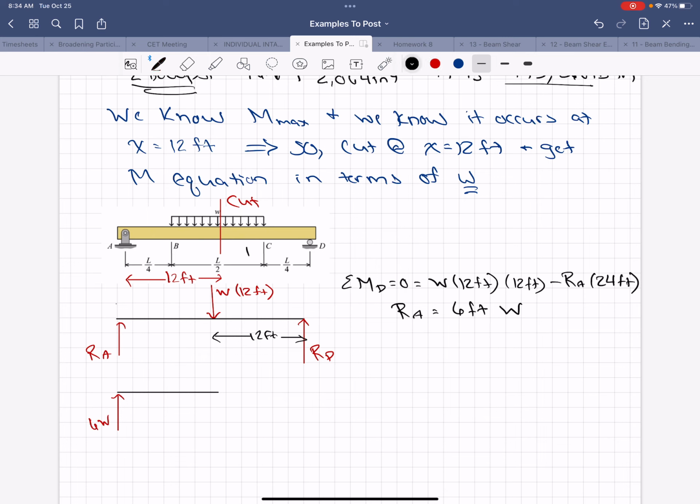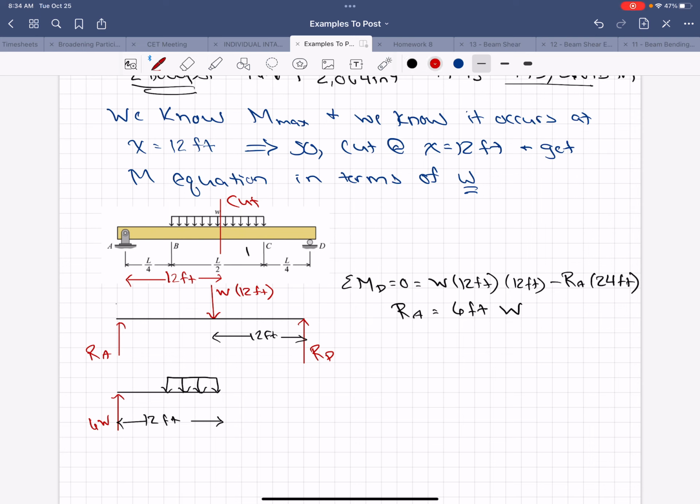Now this distributed load, instead of acting over 12 feet, I'm at 12 feet. Now I cut it.